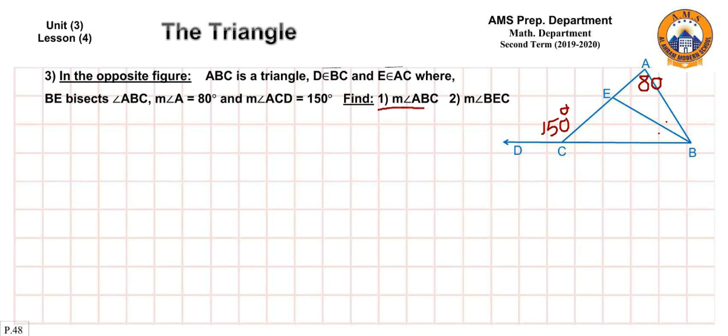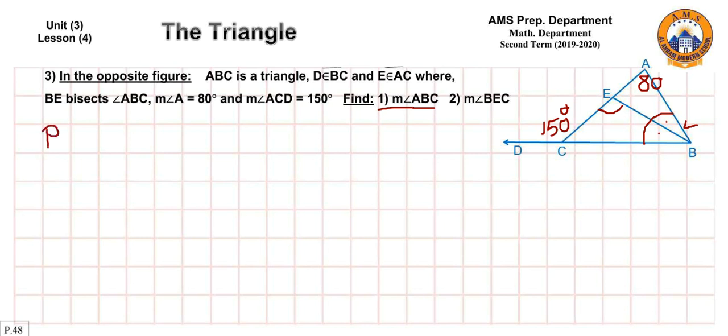How can we find the measure of angle ABC, all of this angle, and the measure of angle BEC, this one? It's easy to find this angle because we have an exterior angle, so we can find it easily.